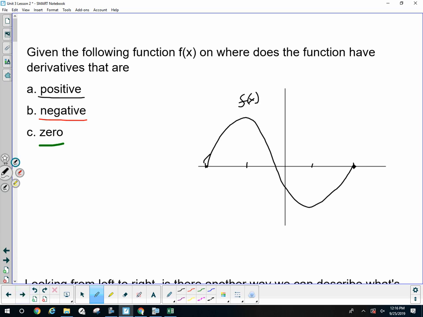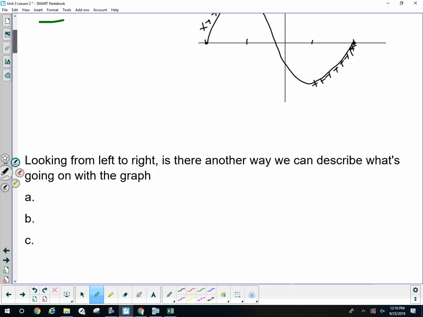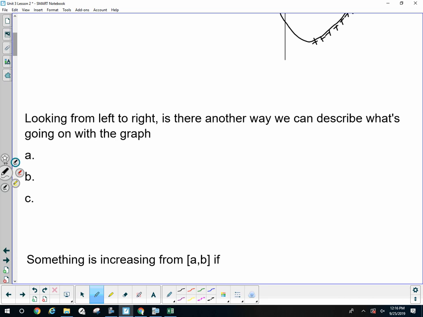When tangent slopes are positive here, my function is going up. I'll use an arrow like this, saying it's going up, or it's increasing.